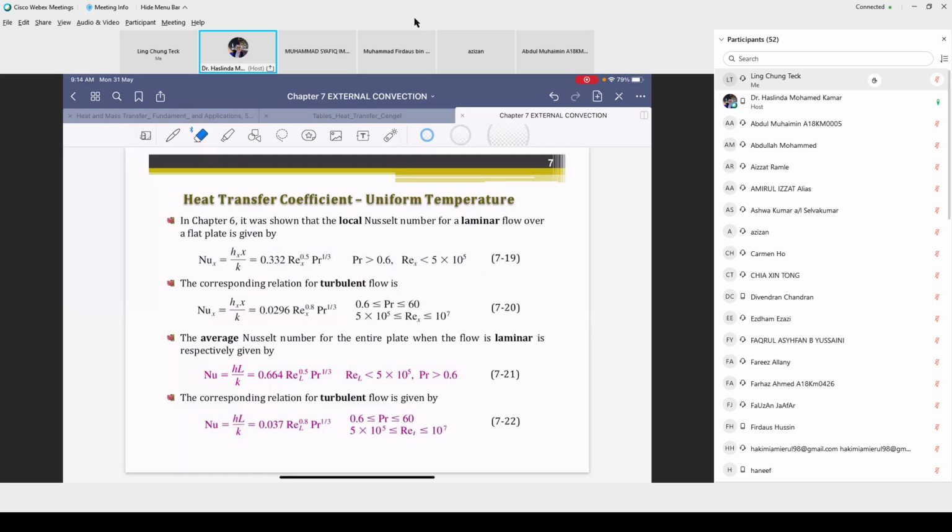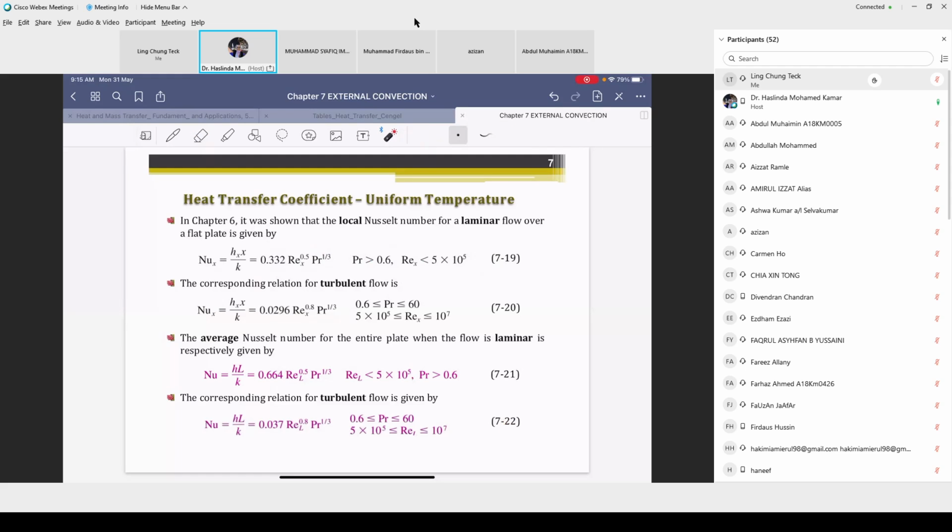I hope all of you know what equations 7.19 and 7.20 are, because you do not need to memorize them, as this is an open book test. So highlight these equations that will be used during the test or exam. The same goes for 7.21 and 7.22.